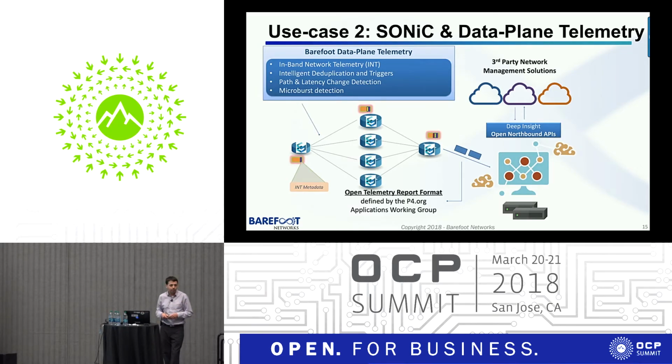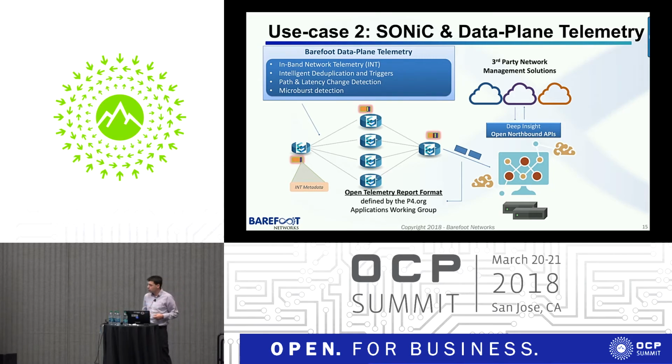So Barefoot chips support pretty advanced in-band network telemetry with things like advanced triggers and deduplication of the data that's being sent to the cluster. So definitely, right, making sure that the server cluster that's monitoring this in-band network telemetry is used as efficiently as possible, so that you don't need to have a lot of servers, right?